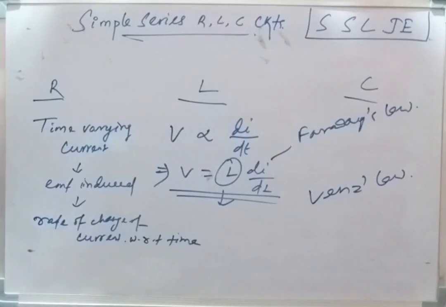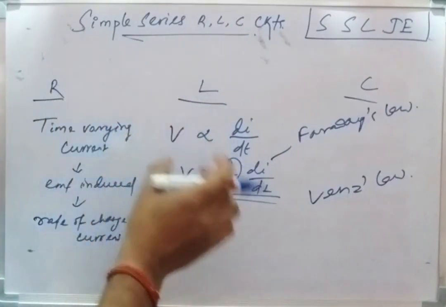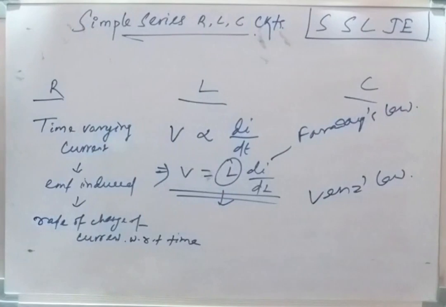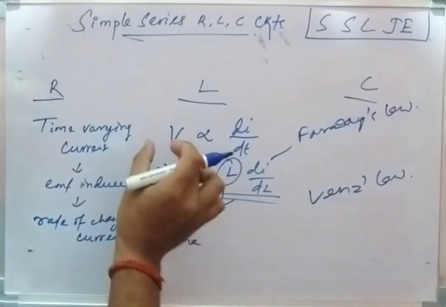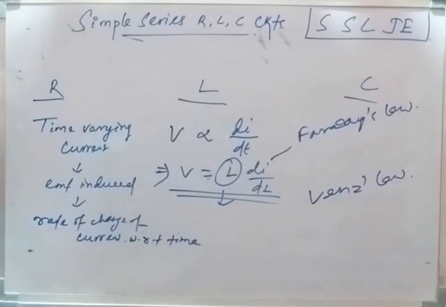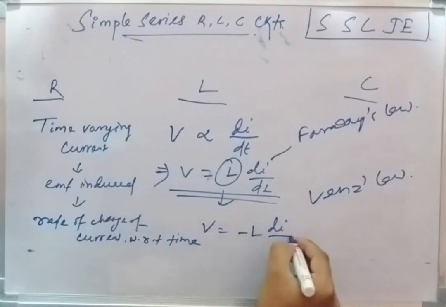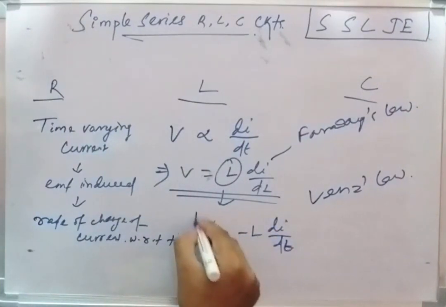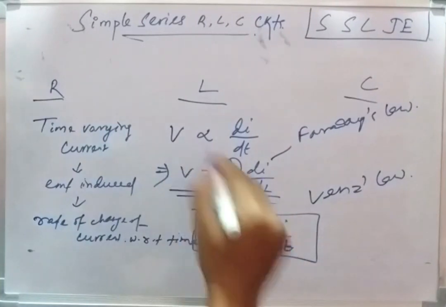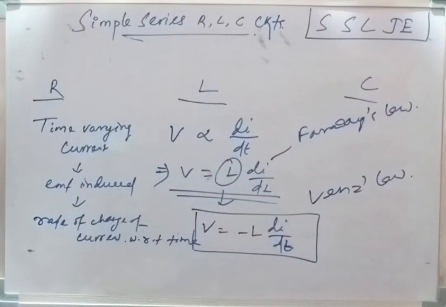Who produced it? The applied time varying current or applied voltage. So it will oppose the applied potential difference. So that's why there will be a negative sign, and this one is the complete form for the potential due to an inductor. Okay.